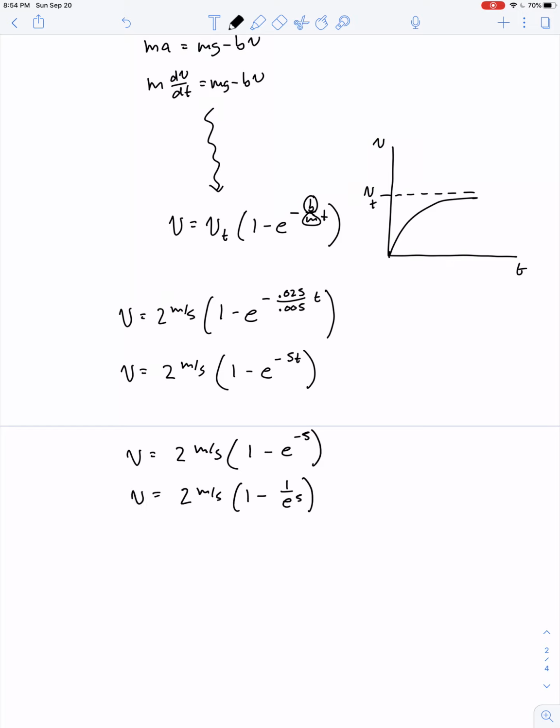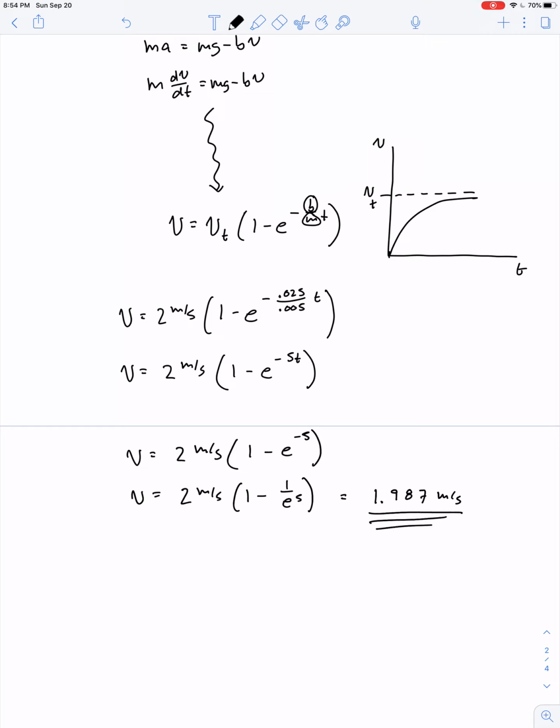We'll grab a calculator and see what we get. So we find that the velocity after 1 second is 1.987 meters per second.